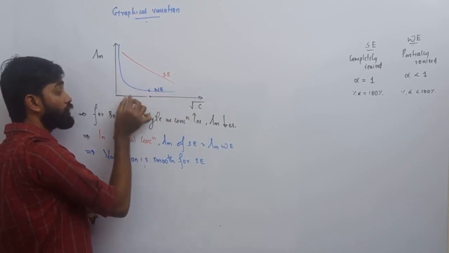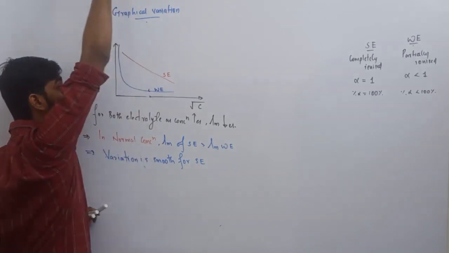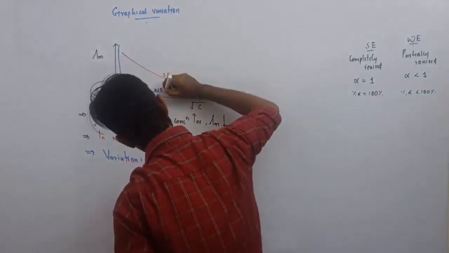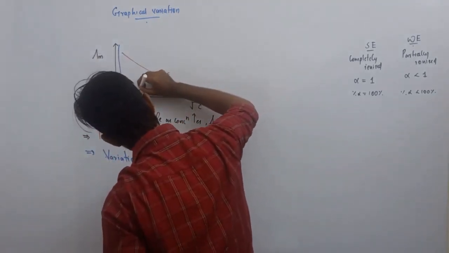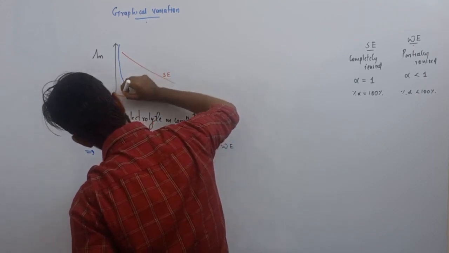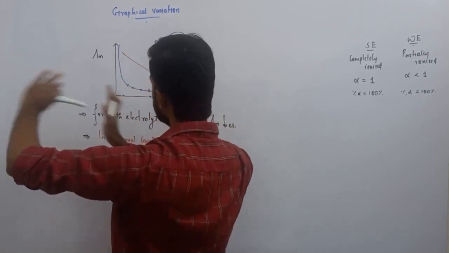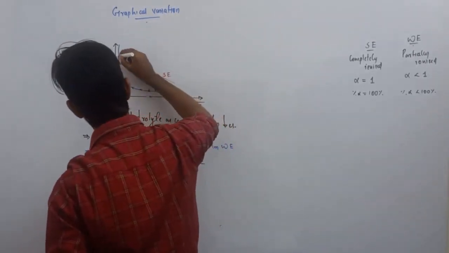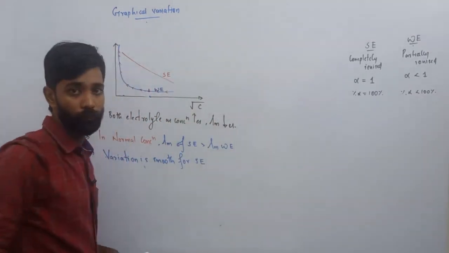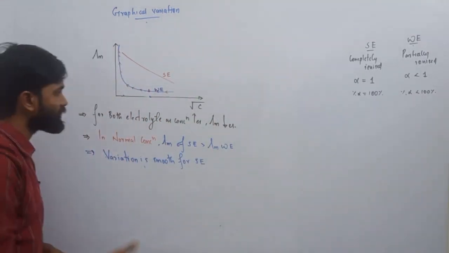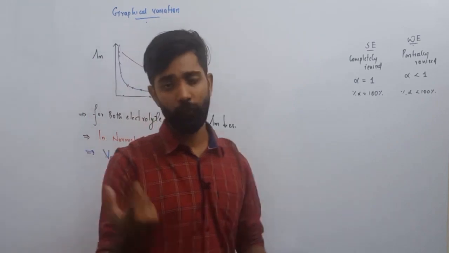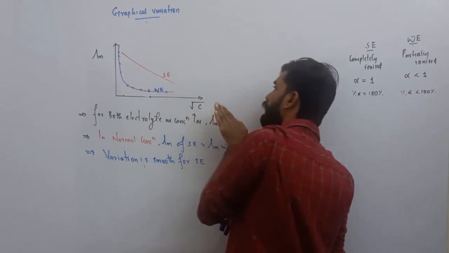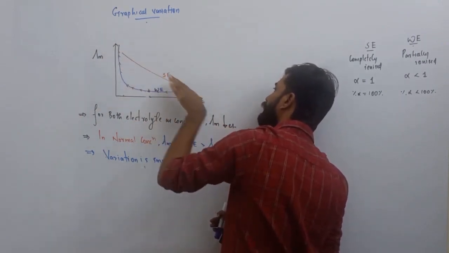As we decrease the concentration or increase the dilution, molar conductivity slightly increases. But if it reaches a minimum concentration or a maximum dilution, then its molar conductivity suddenly shoots up. So it is not a normal variation; it is a typical variation. Whereas in the case of a strong electrolyte, it always increases along a particular slope, right?